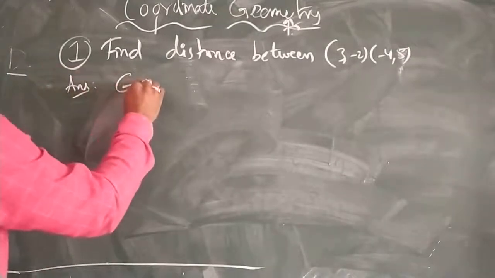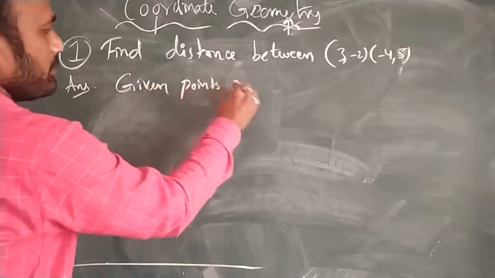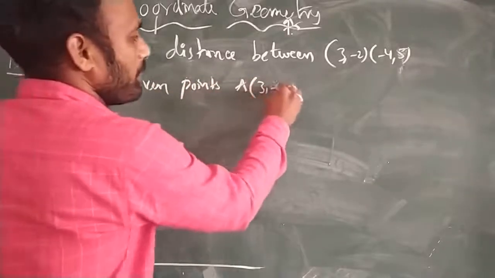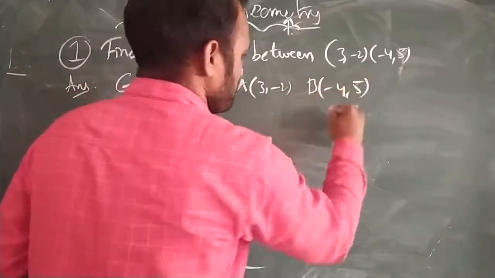Given points, the procedure is to be done like this. Given point A 3 comma minus 2 and B minus 4 comma 5.